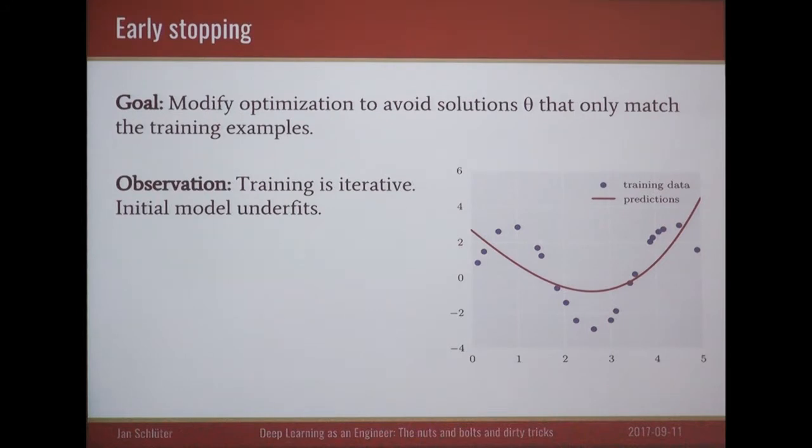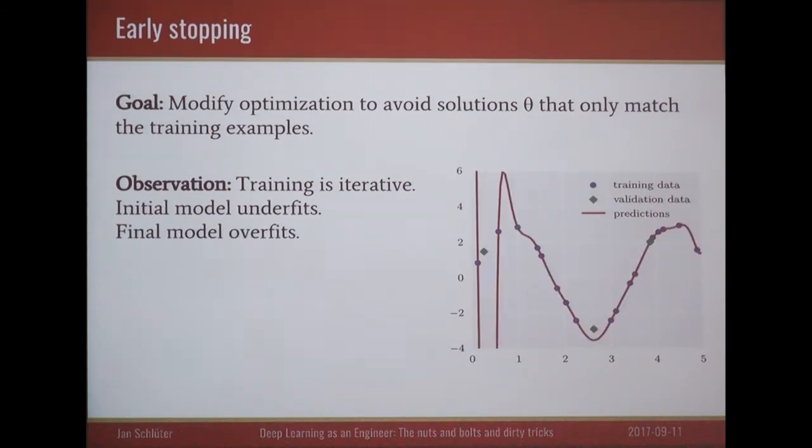Another idea is based on the observation that the training is iterative, and in the very beginning, when we have random initialization, the model probably underfits the training data, meaning it doesn't reproduce the correct answers for the training examples. And at the end of training, the model overfits.